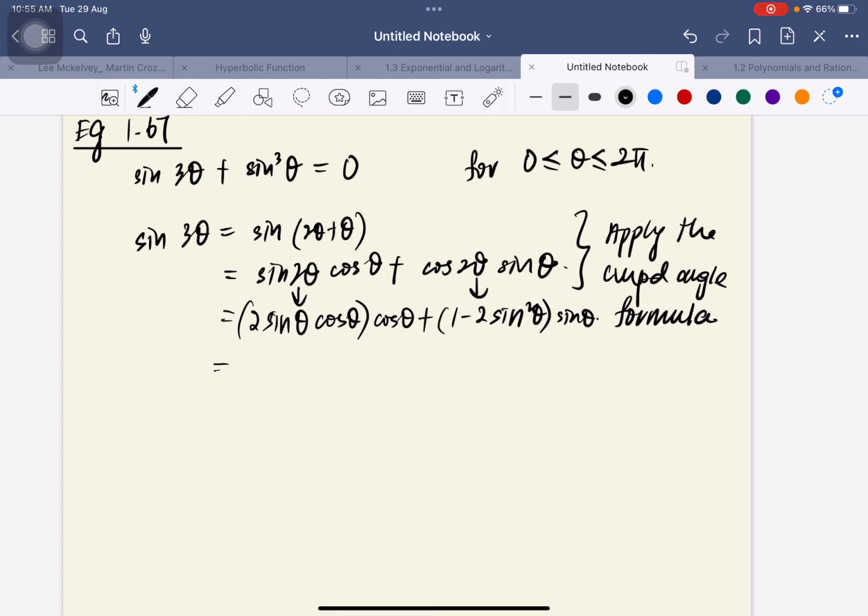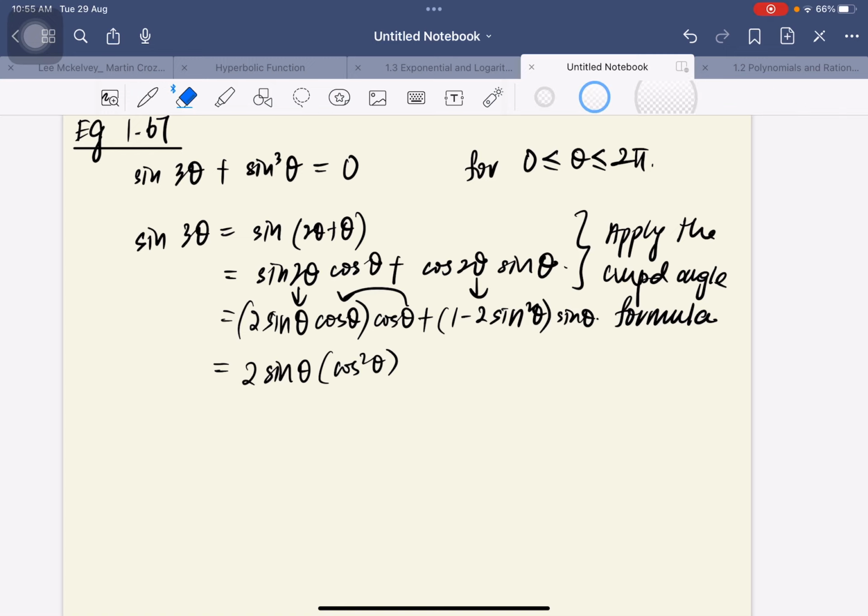And you notice that when I expand this, I will get cos square theta. I already mentioned before, whenever you see cos square theta or sin square theta, you have to be very, very sensitive, because we can always apply the Pythagorean identity that cos square theta can also be written as 1 minus sin square theta.